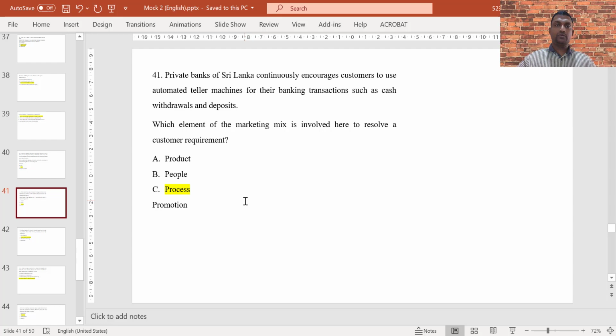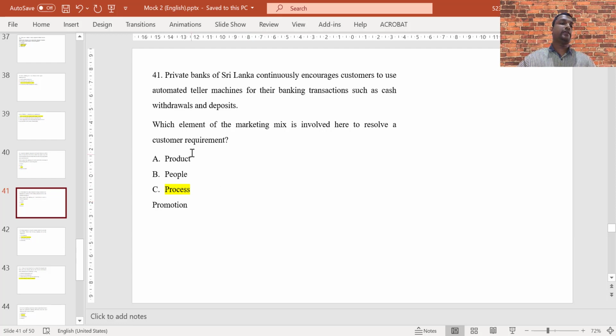Question number 41. Private Banks of Sri Lanka continuously encourages customers to use automated teller machines for their banking transactions such as cash withdrawals and deposits. Which element of the marketing mix is involved here to resolve a customer requirement?